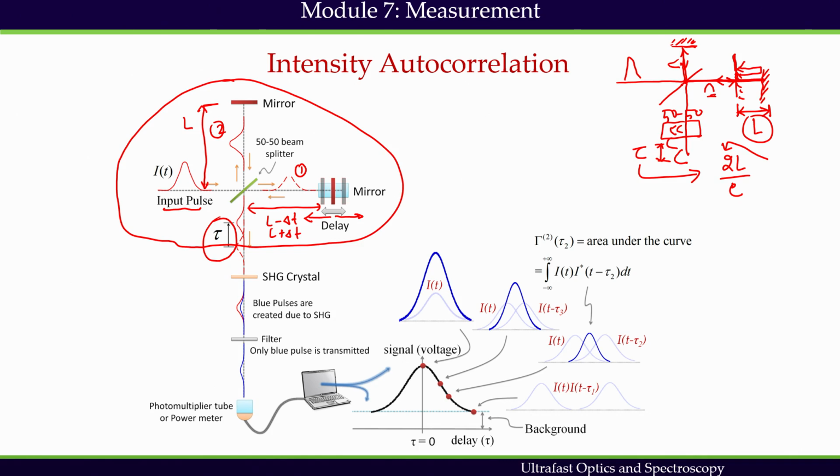So, considering the velocity or speed of light as 3 into 10 to the power 8 meter per second, one can remember this, that 300 micron displacement yields a delay of 2 picosecond from this expression. So 300 micron displacement will give you 2 picosecond delay between two pulses coming out of the Michelson interferometer.